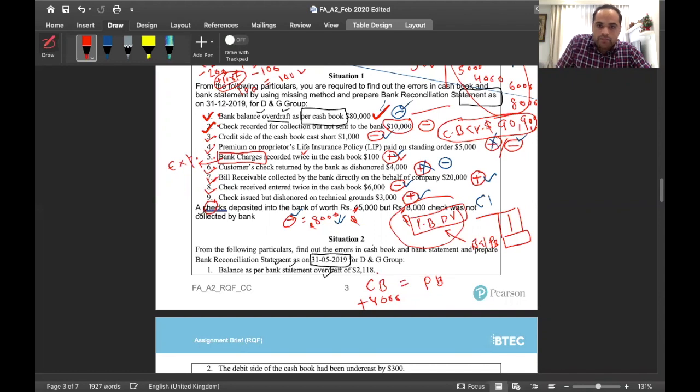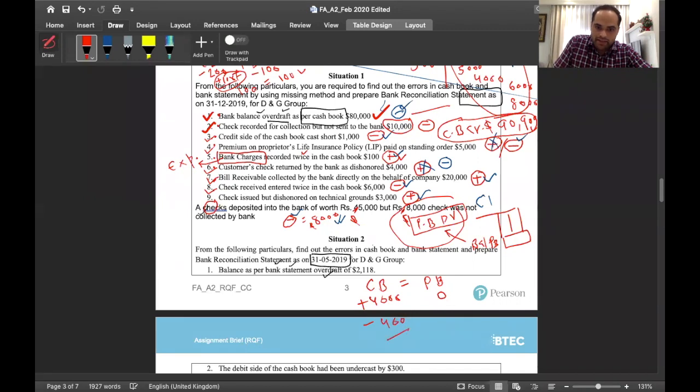But when the check goes to the bank, it's dishonored. So there is no money coming into my bank account. The balance is not equal, because no money came into my bank account, but in cash I already entered it. So in order to make the balance equal, I will minus 4,000.